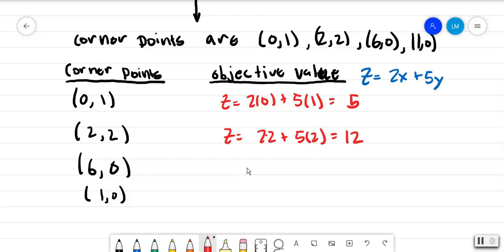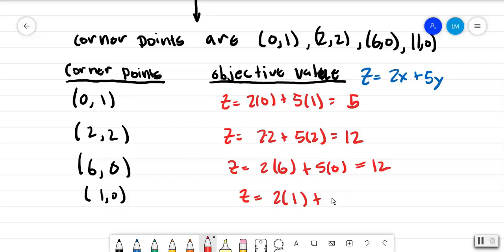For (6, 0), z equals 2 times 6 plus 5 times 0, which is equal to 12. And finally, for (1, 0), z equals 2 times 1 plus 5 times 0, which is equal to 2.